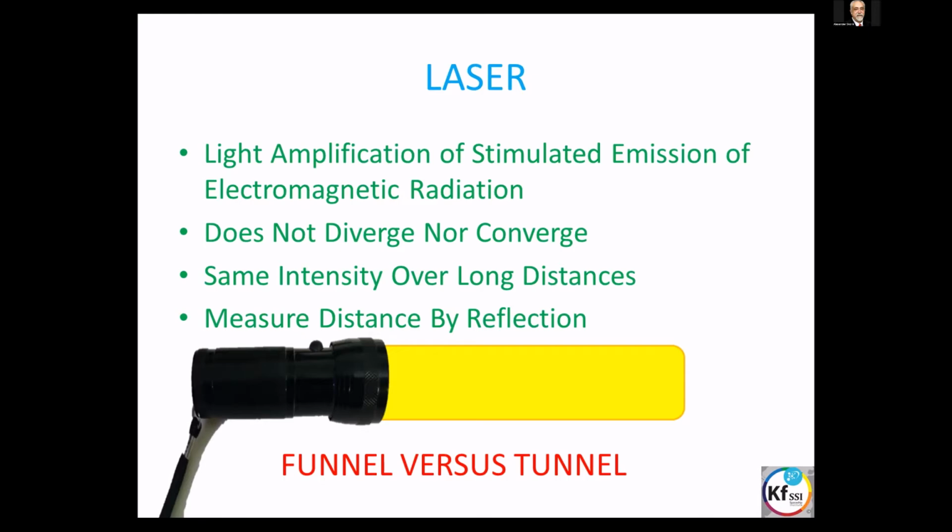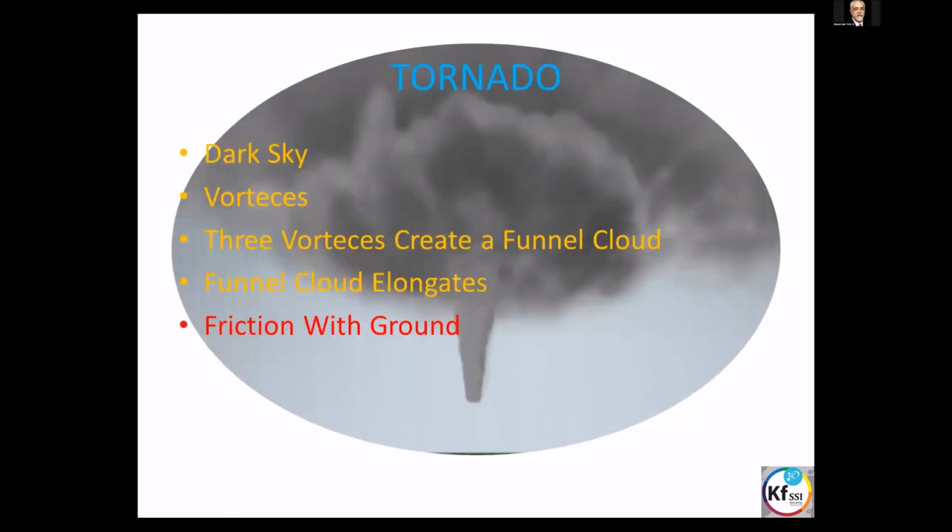Let's look at one more example. When we look at a tornado being created, let's notice a few things. First of all, regardless of the fact that the sun is shining or whatever, the sky turns dark. And the creation of a tornado is signaled by the creation of a vortex. And when you get 3 vortices, then they create a funnel cloud.